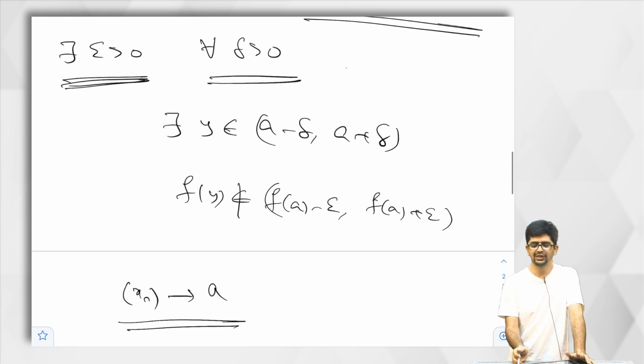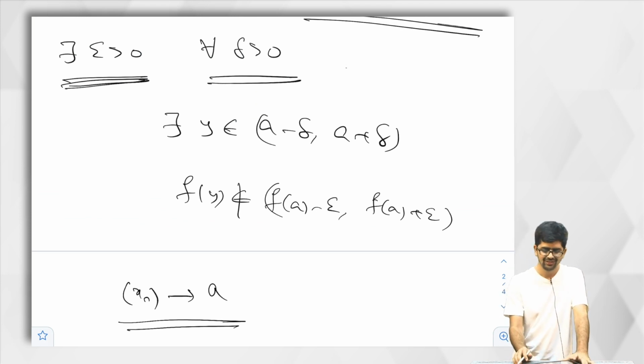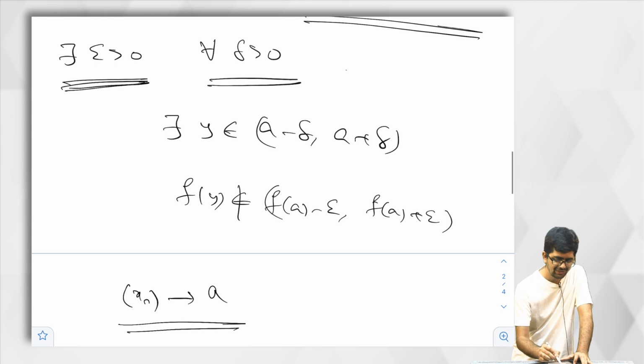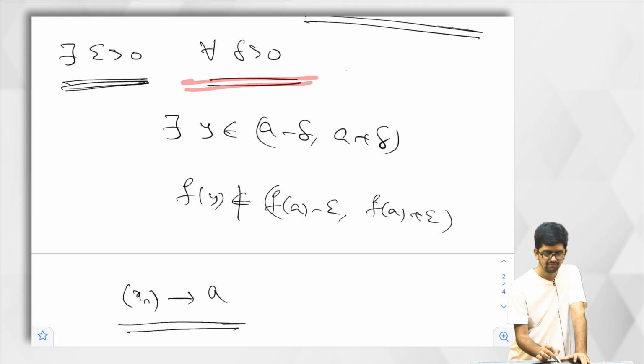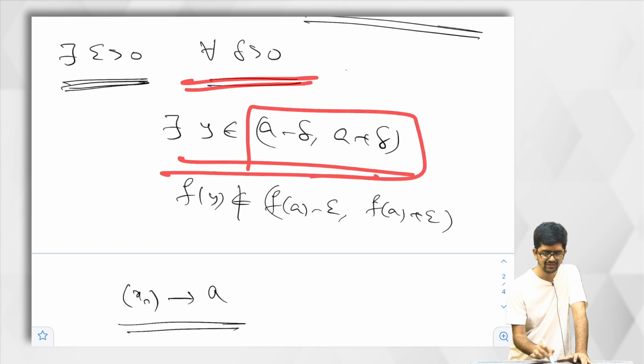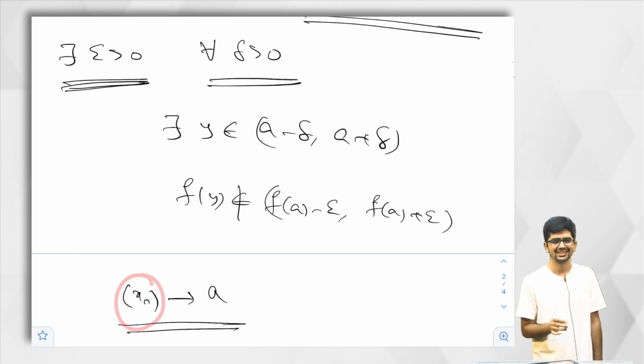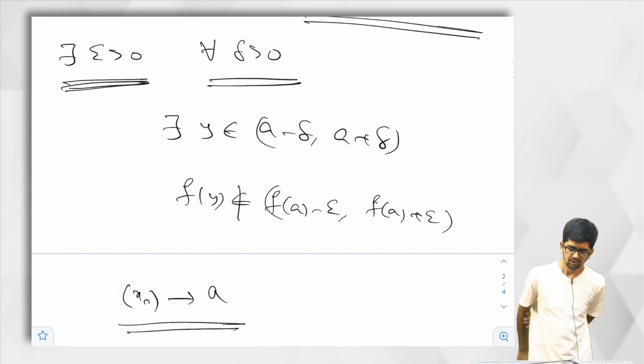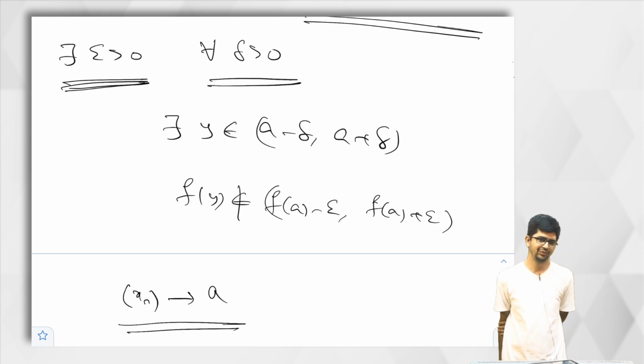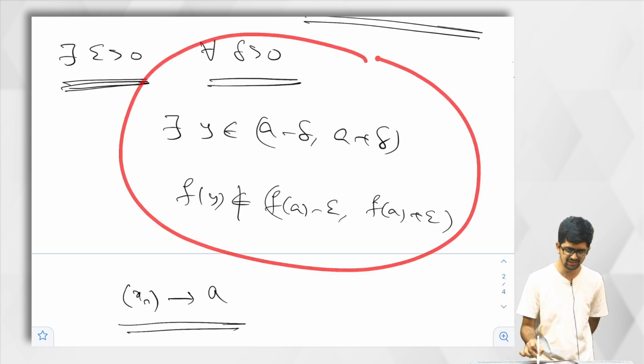Observe this situation: for every delta positive there exists a y inside this. Now we are looking for a sequence inside U that converges to A. So we should somehow make use of this description.